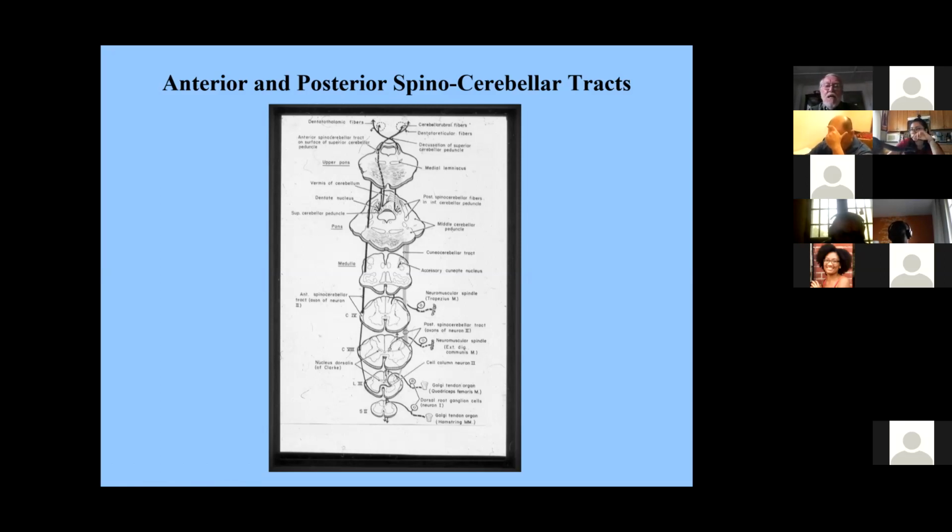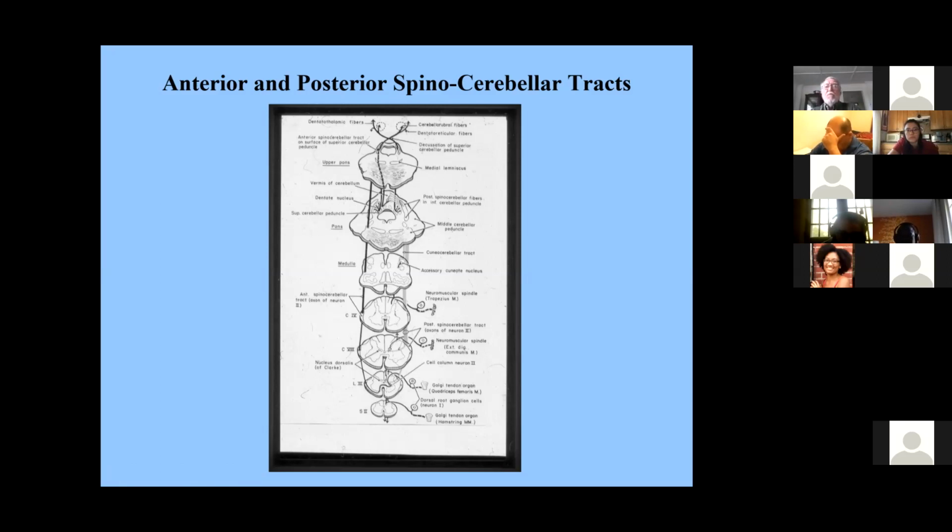Now, what does the superior cerebellar peduncle do? It then decussates and enters into the cerebellum much more anteriorly. Okay? So what we have are two distinct spinocerebellar tracts, posterior and anterior, emanating from the nucleus of Clark.